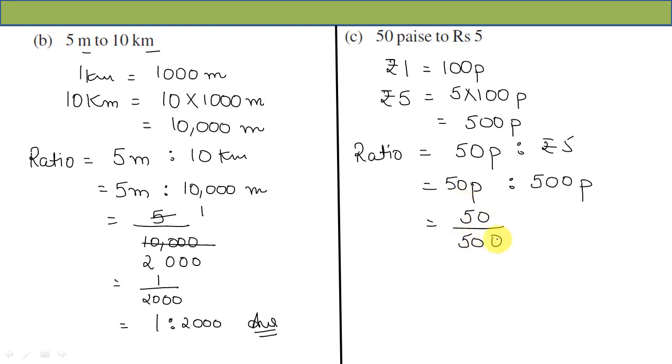Now 0 and 0 will get cancelled. 5 ones are 5, 5 tens are 50. So it will become 1 by 10. This can be further written as 1 ratio 10. That means the ratio of 50 paisa to 5 rupees is 1 ratio 10.